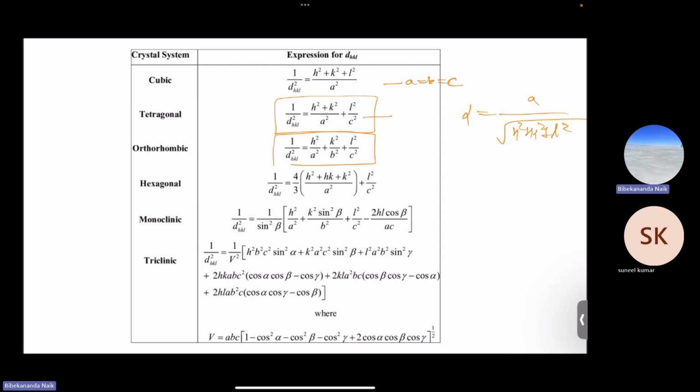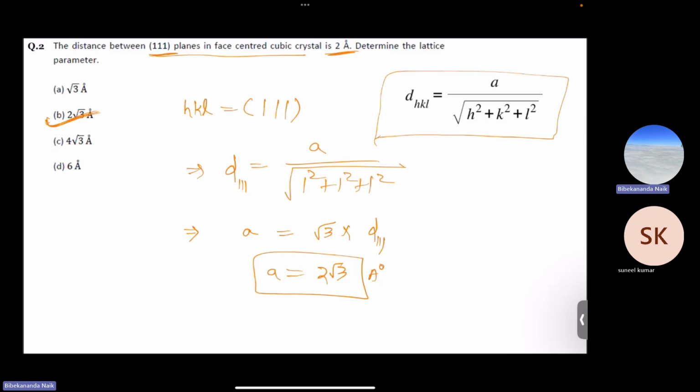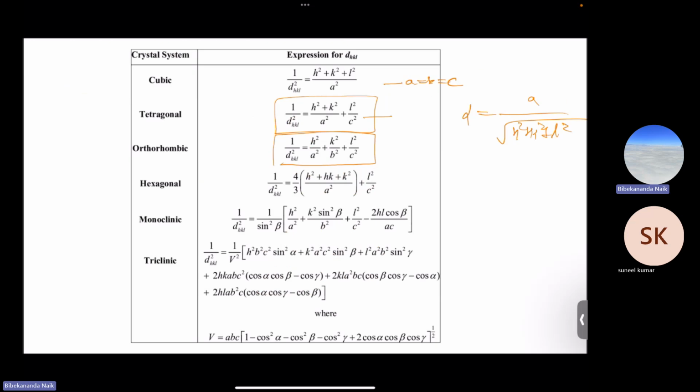In hexagonal, monoclinic and triclinic, the relation becomes a bit complicated due to some change in the geometry. If you follow these formulas, you can easily calculate the interplanar spacing if the lattice parameter and Miller indices are given, or calculate the lattice parameter if the interplanar spacing is given.